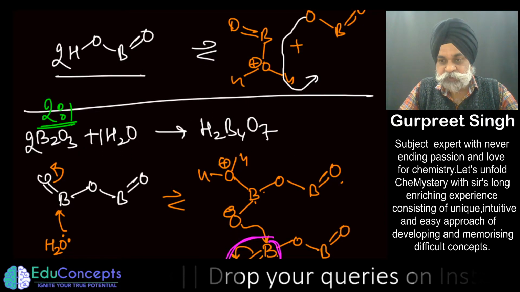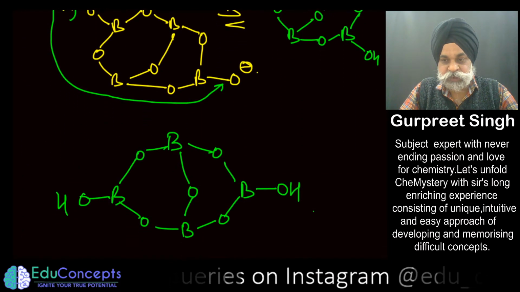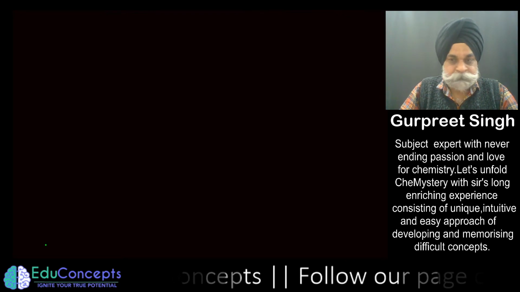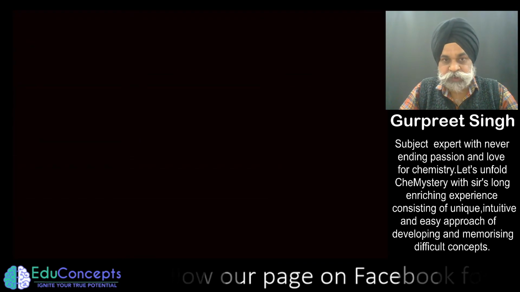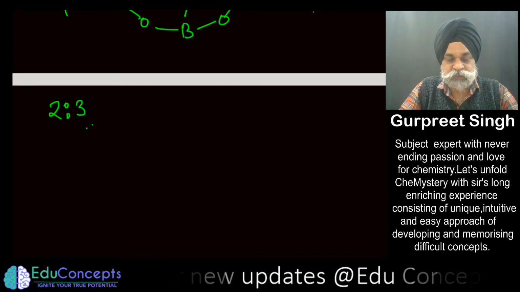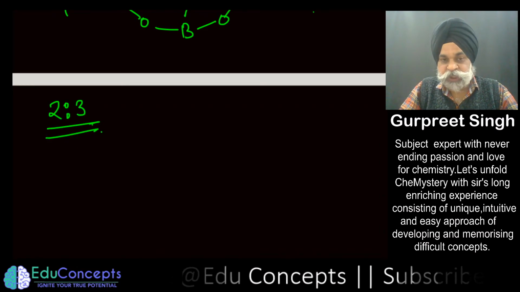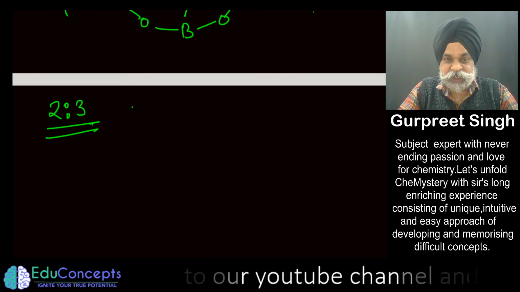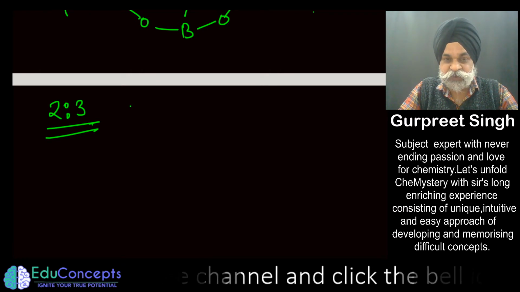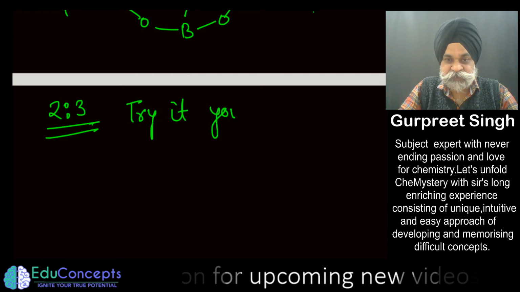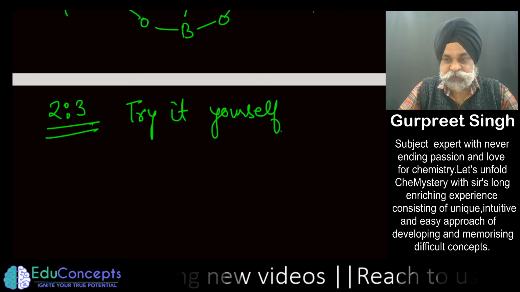Now if you want to make it for the 2 to 3 ratio, I would want you to try this and solve it and just share it with me. How do you get this? Try this at home, try it yourself, and I can give you a simple hint.